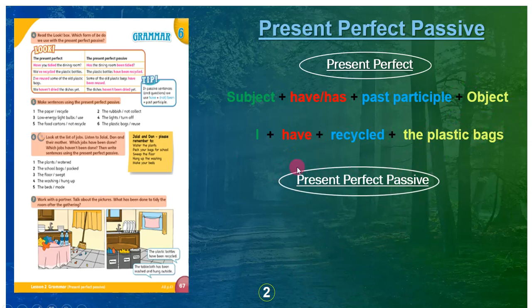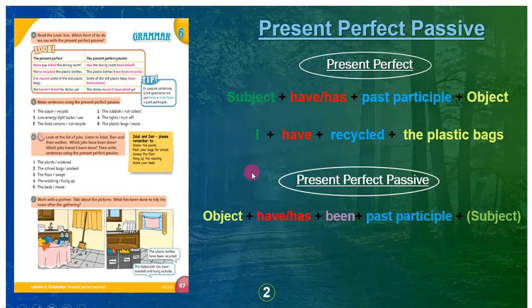If I change it to a passive sentence, instead of starting with the subject, I will start with the object. I can delete the subject and not use it in my sentence because it's not important. What's important in the passive sentence is the action, the verb, what happened. I want to know what happened. I don't care who did this action.